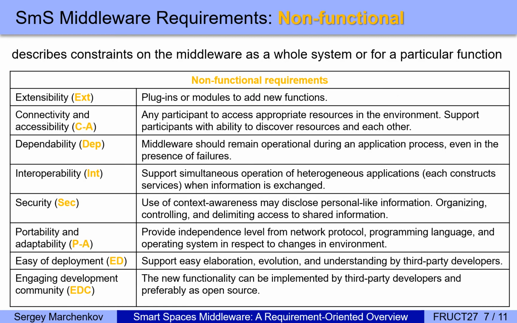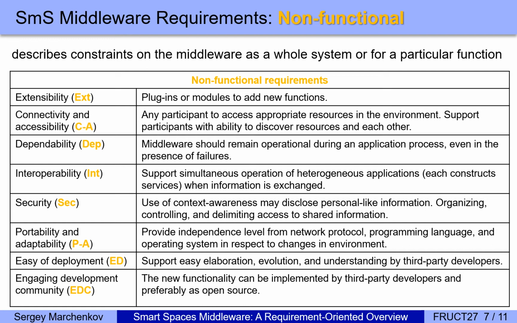The second group of requirements is non-functional requirements. They describe constraints on the smart space middleware as a whole system or for a particular function. In this slide, you can see such key non-functional requirements as extensibility, connectivity and accessibility, dependability, semantic interoperability, security, portability and adaptability, ease of deployment, and engaging development community.